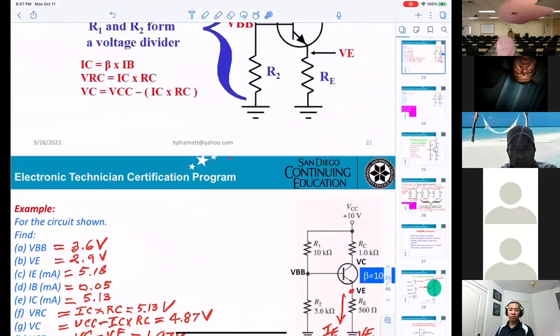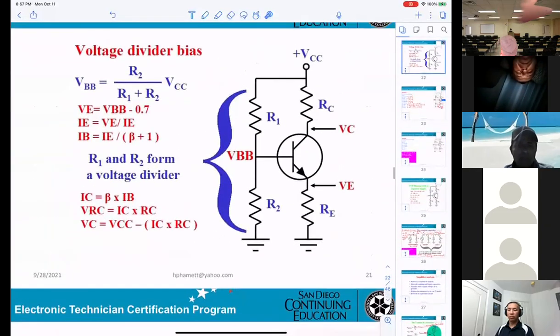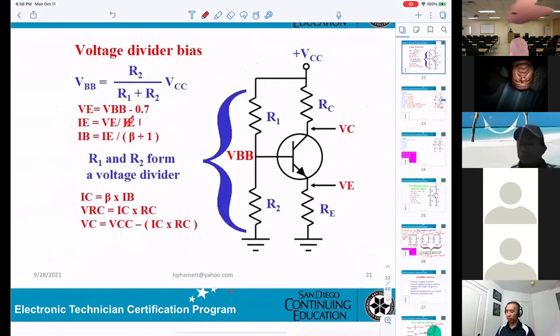You see how it says the formula is IE equals VE divided by IE? The second one should be RE, right? Yeah, VE over RE. Typo. Okay, I've got to do an update and correct that later.